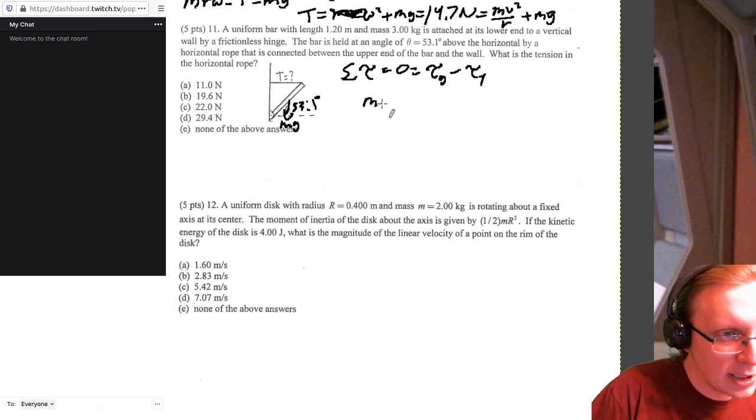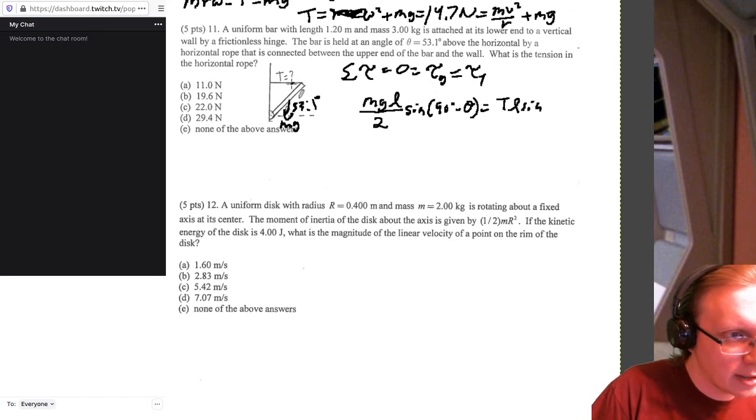So we have mg times L at half the length, sine of this angle here, so that's 90 minus theta. Solving this, we can set those equal to each other. It's equal to T at the full length, sine at this angle here, which is the same as the one provided to us.